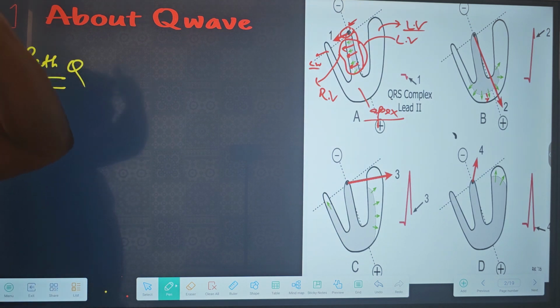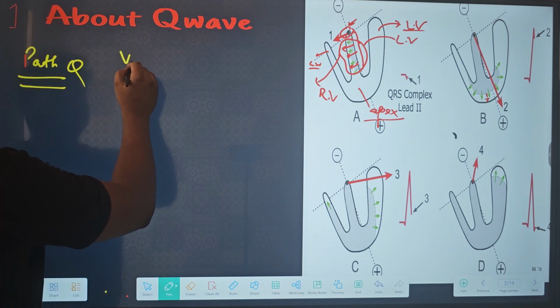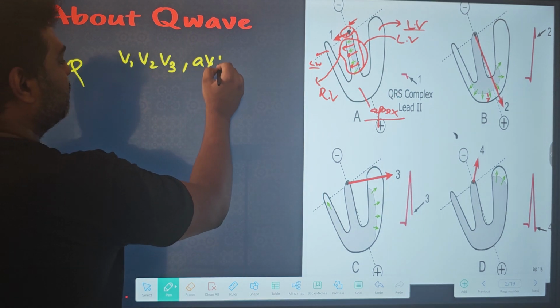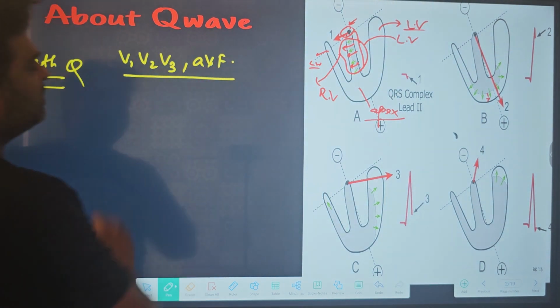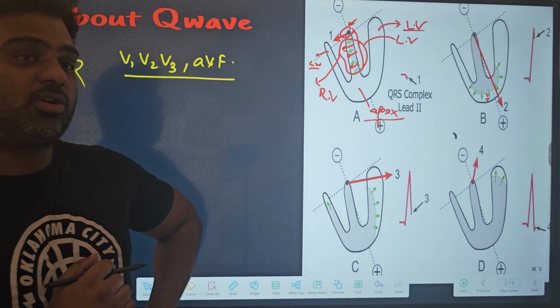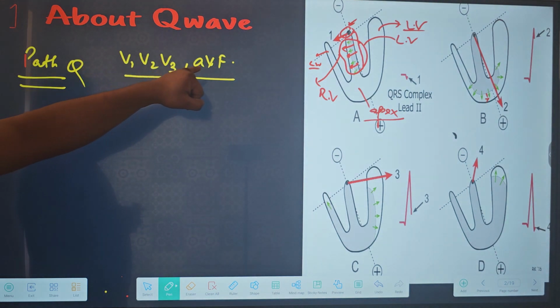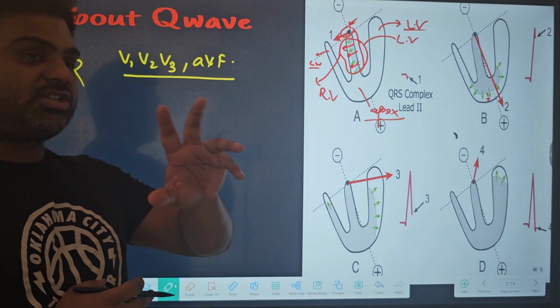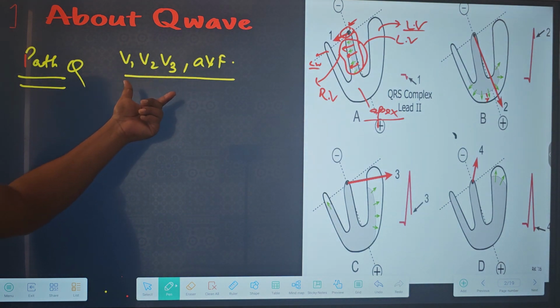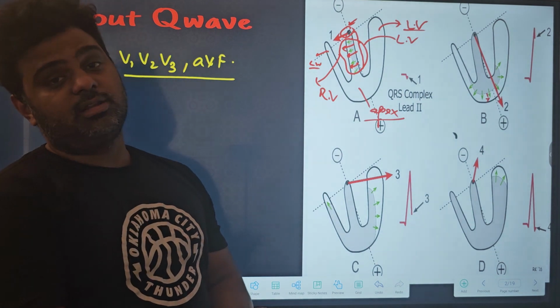If a Q wave is present in V1, V2, V3 or AVF, in any of these leads, then we will say that it is a pathological Q wave, because we know that in normal depolarization these leads cannot detect septal depolarization, so they cannot detect a Q wave. But if they are detecting a Q wave, that means it is a pathological Q wave.